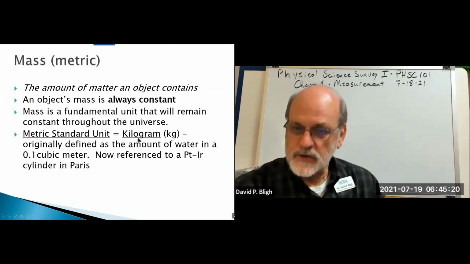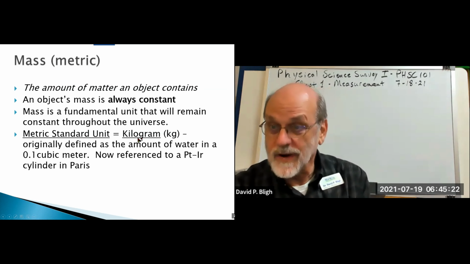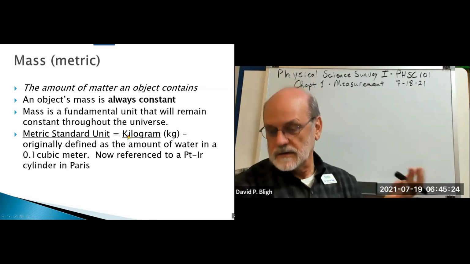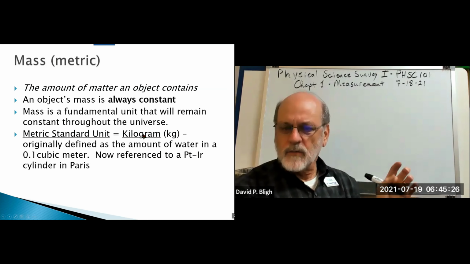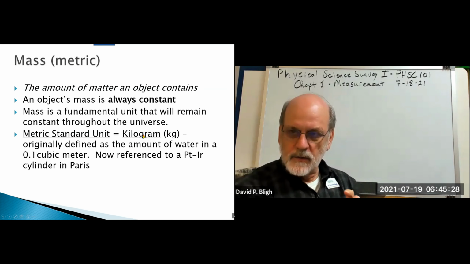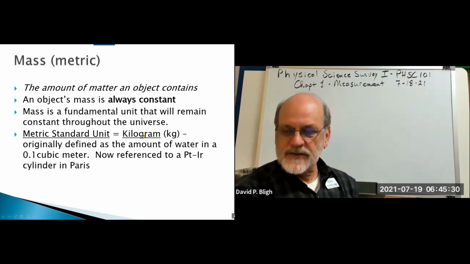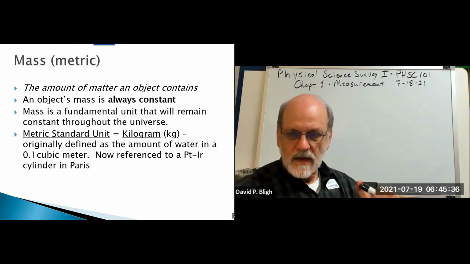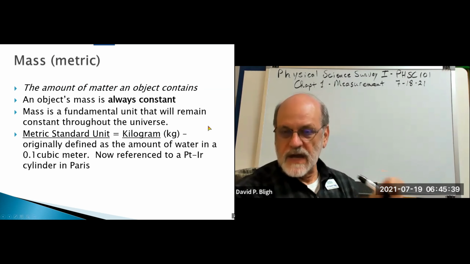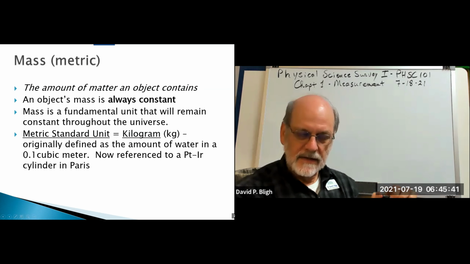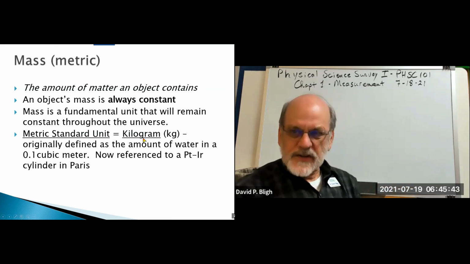So why would the standard unit be 1,000 grams? We already have a gram. Why not make the gram standard, right? Well, the gram was grandfathered in. It was known and accepted for centuries by alchemists primarily as a standard unit of measure for mass. So we're sort of stuck with it.